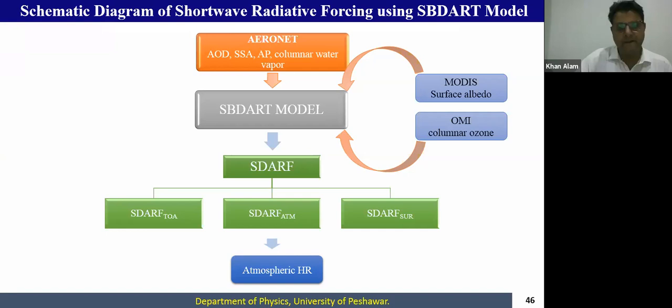And then we calculate the shortwave direct aerosol radiative forcing at the top of the atmosphere, then at the surface of the Earth, and then within the atmosphere. And finally, we calculate the atmospheric heating rate.